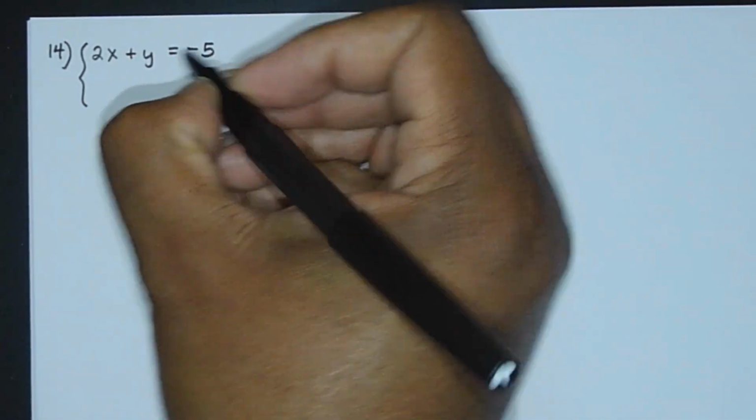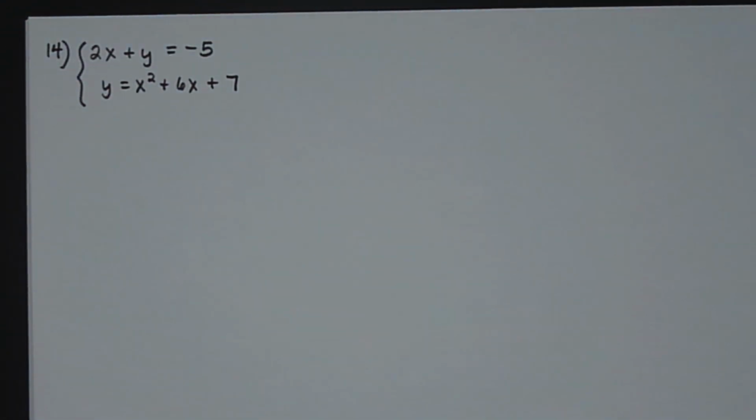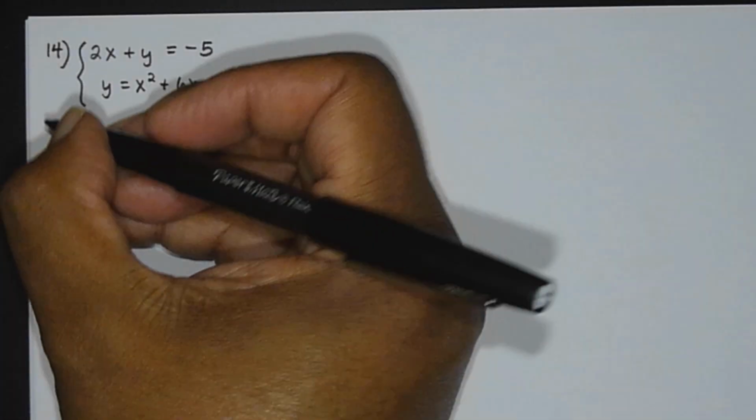And I would use braces here. 2x plus y is equal to negative 5. And then y is equal to x squared plus 6x plus 7. Okay. And what I'm going to do here is write these two equations side by side.